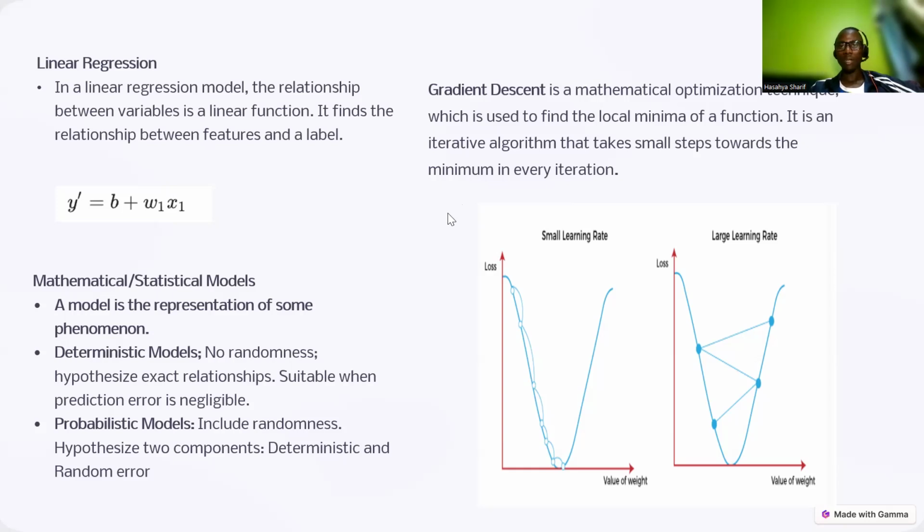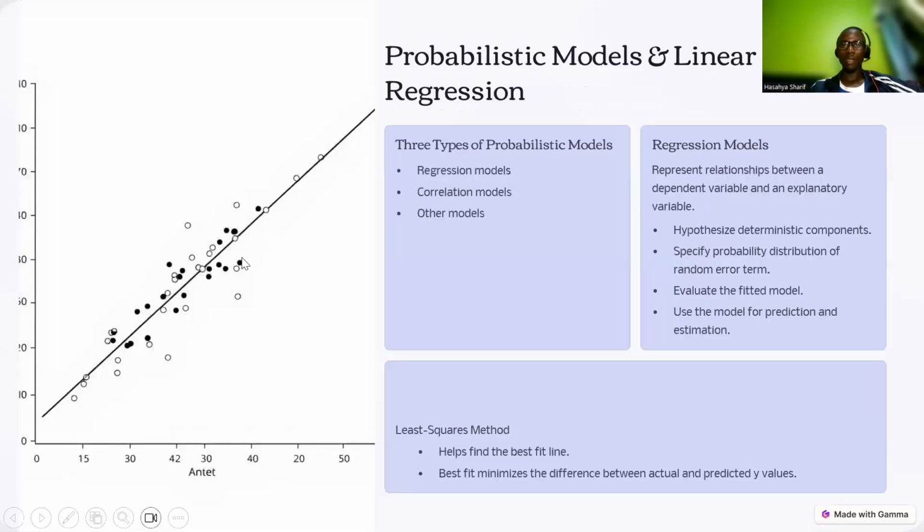And so the probabilistic model has three main types. We do have the regression model, we do have the correlation models, and other models. But mainly, we shall just start based on the regression models, describing the relationship between a dependent variable and an explanatory variable.